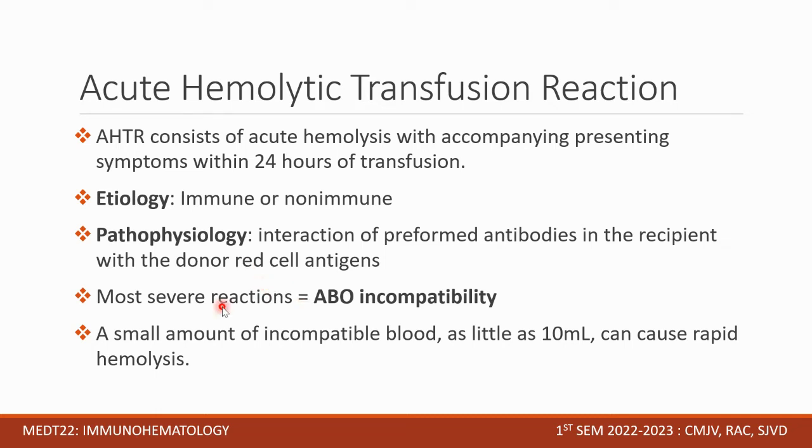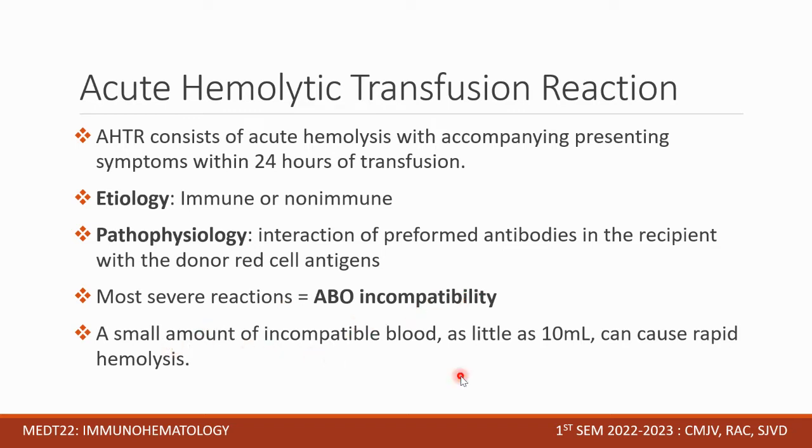The most severe reaction is ABO incompatibility. Pag ABO incompatible ang blood na na-transfuse kay patient, immediately makikita nyo yung reaction. Mabilis yung reaction nito, not more than 24 hours.